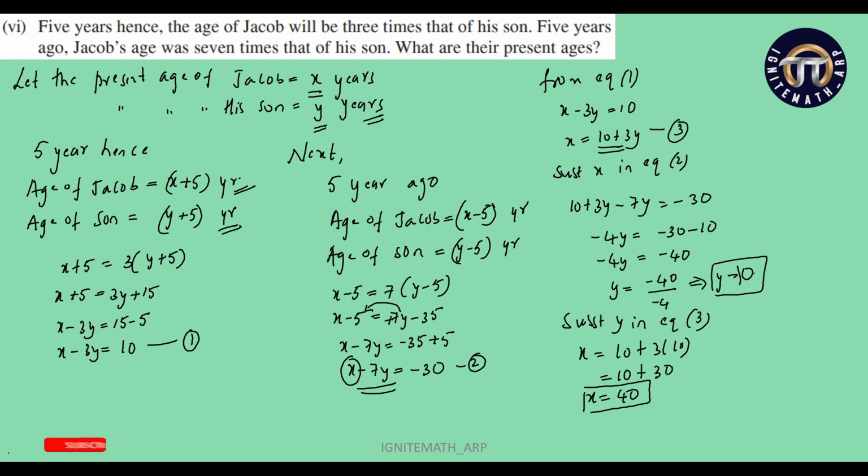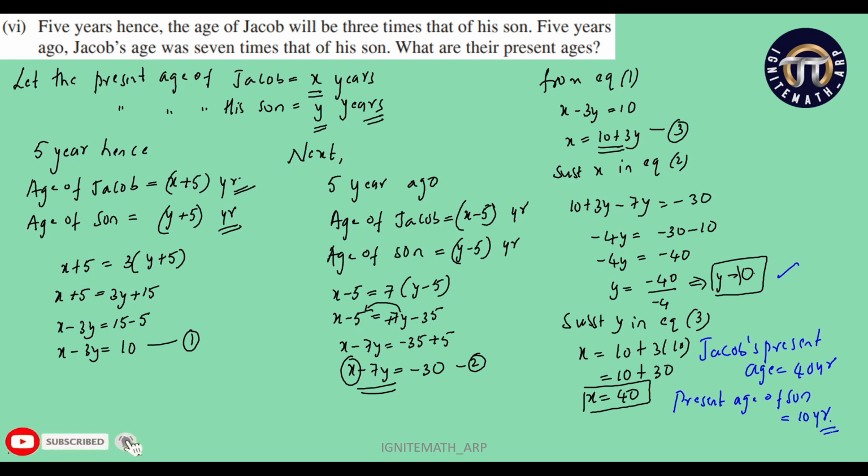You need to write the conclusion. Okay, therefore Jacob's present age is equal to 40 years. Present age of son is equal to y. y is how much? 10 years. Clear, children? Is it clear? Let's move to the next one.